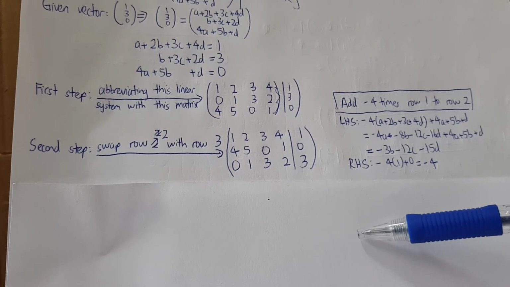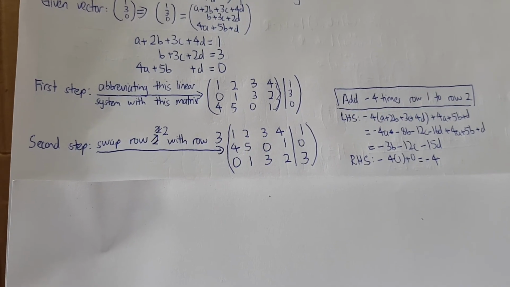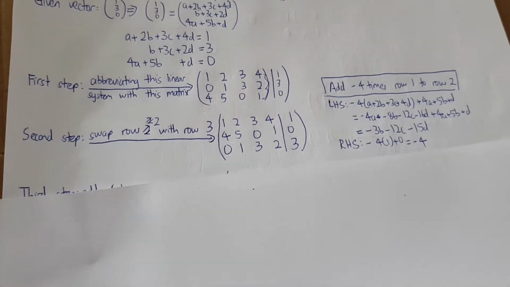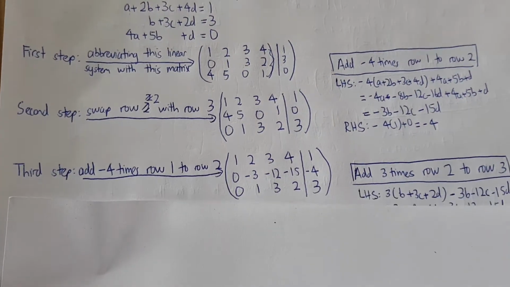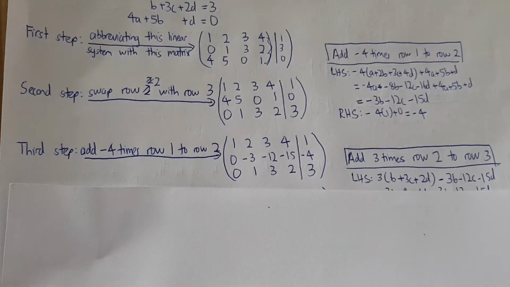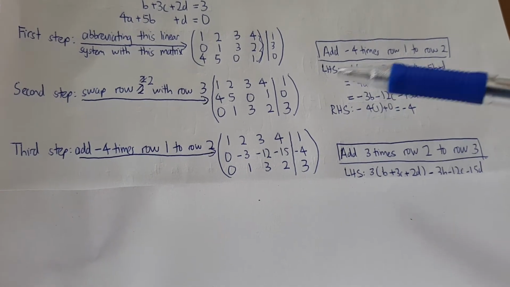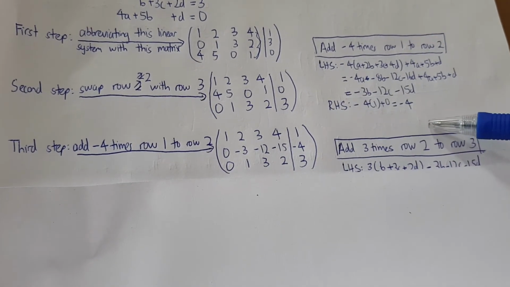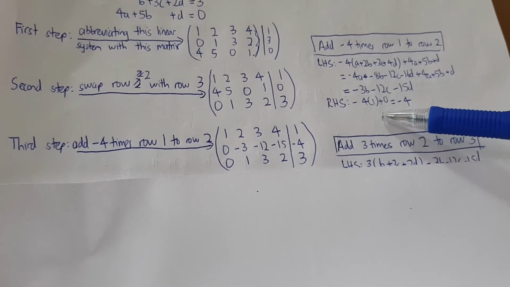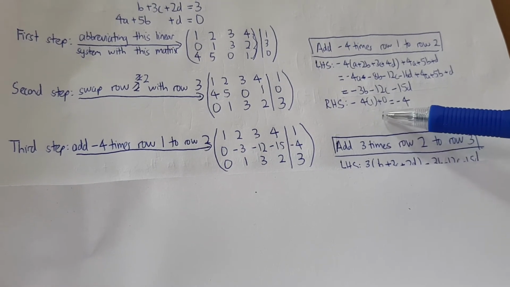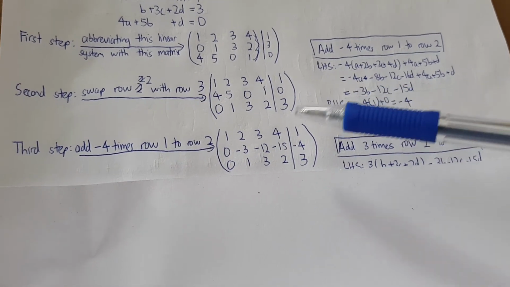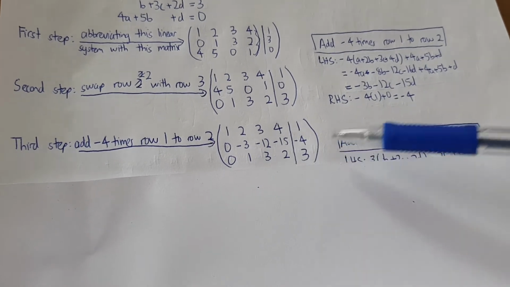Now you want to eliminate the a variable on the second row. Hence, we add minus 4 times row 1 to row 2. The working can be shown here. For left hand side, you get minus 3b, minus 12c, minus 15d. For right hand side, you get minus 4. Hence, you get this form.